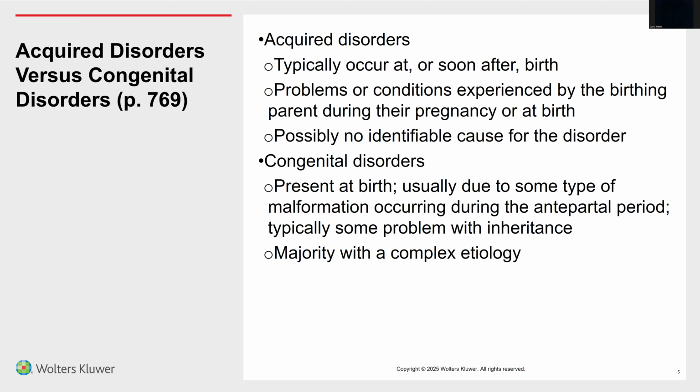And so even if you don't exactly see the problem at birth, it can be traced back with testing for some of these disorders that it is congenital. So it's usually due to some type of malformation occurring during the antenatal period, and typically some sort of problem with inheritance patterns. The majority of congenital disorders has quite complex etiology behind it.